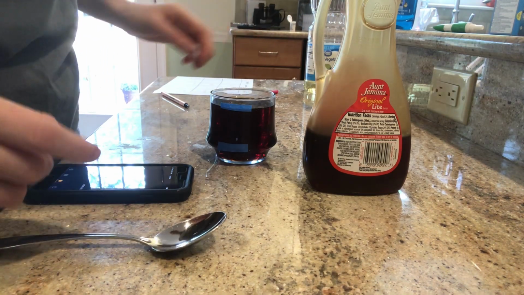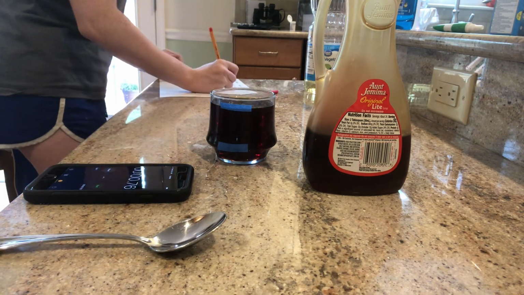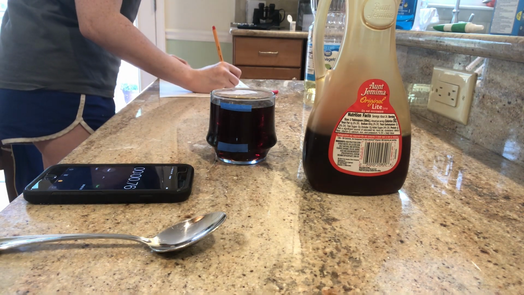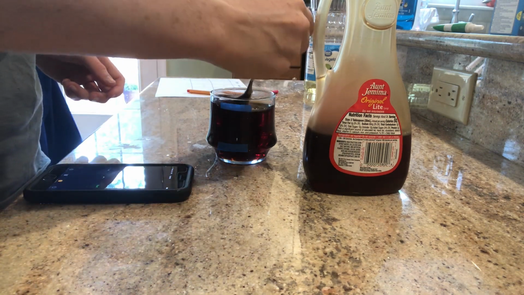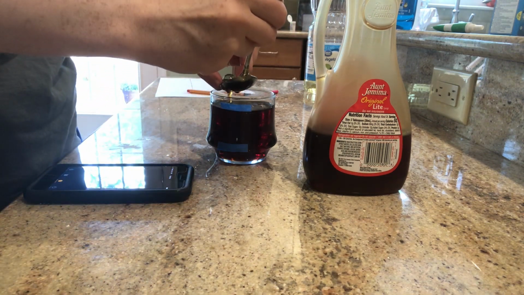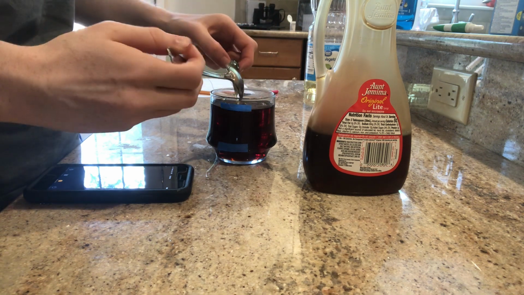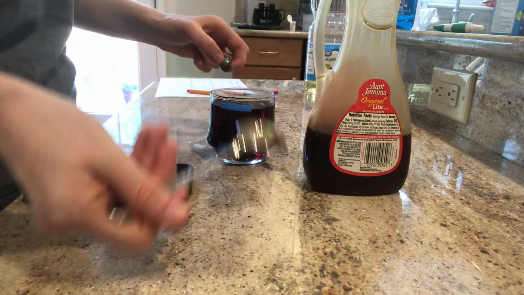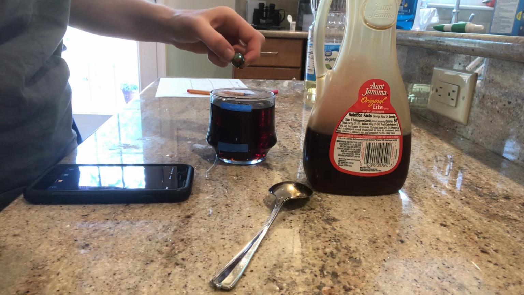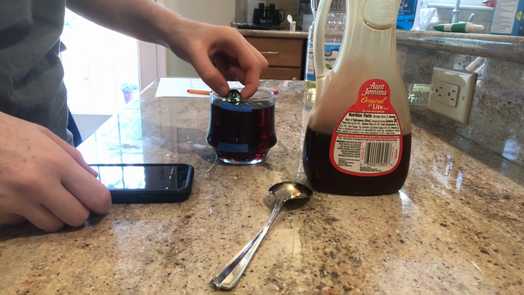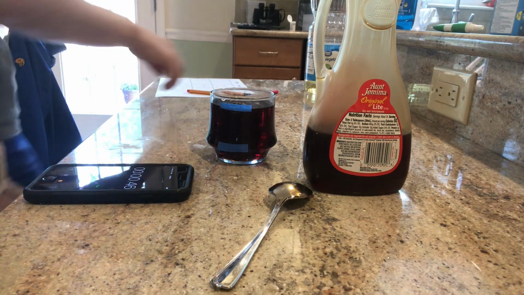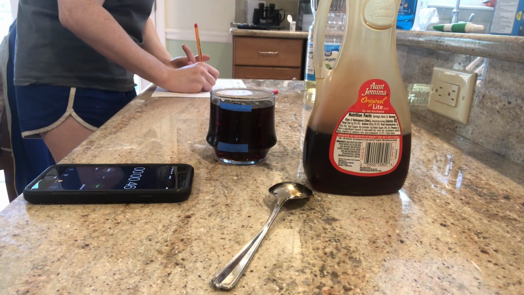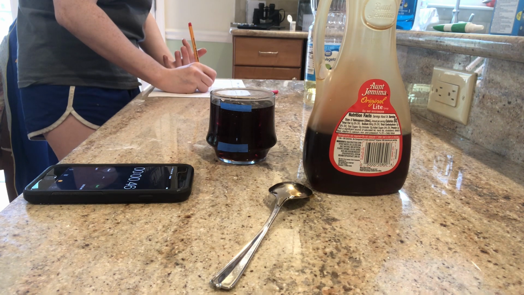And so it's important to note also that viscosity is officially the ratio of the shearing stress to the velocity gradient in fluid. So this one's kind of harder to see just because it is maple syrup. And it's important to note that I chose this container because it was one of the smaller glasses we had, but it wasn't so small that I couldn't get at least a comparison in the start and stop time.